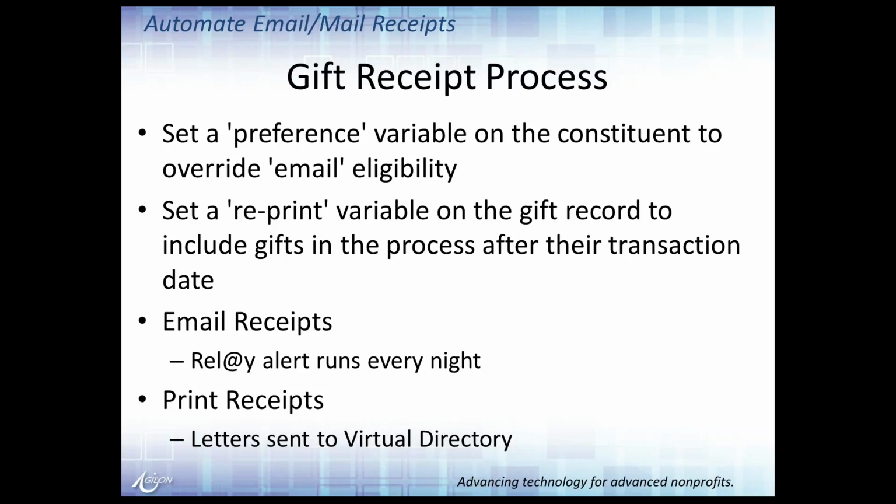I've chosen, instead of trying to create a receipt in the actual email that they get, to send them an email to let them know that their receipts are available and have them go through the process of accessing the My Giving page, where they can see all of their historical gifts and print the receipts from that page, since that's a really great use and a good reason to get them actually registered. So that's the process that we're going to look at.